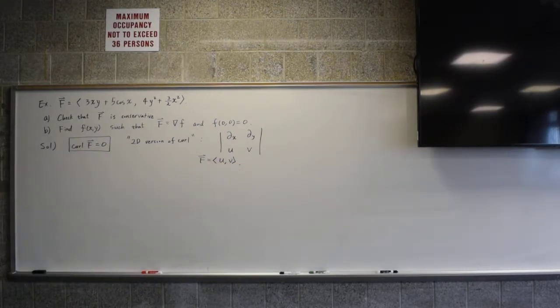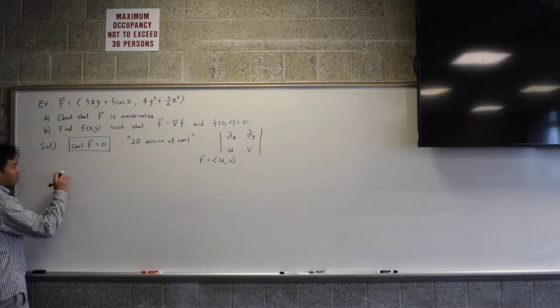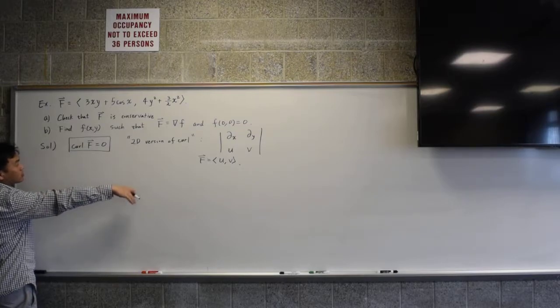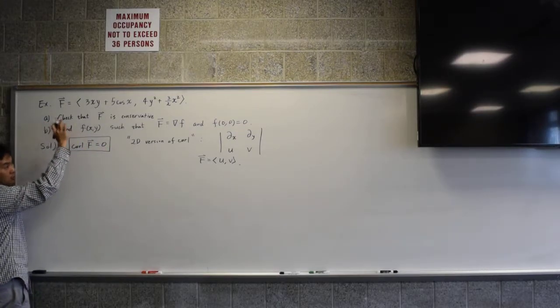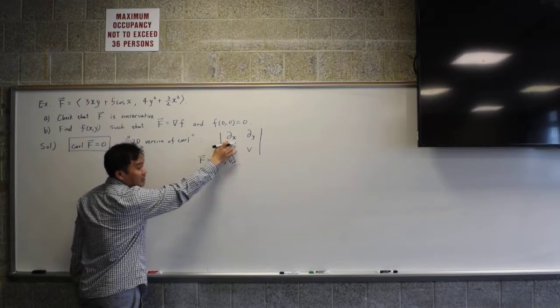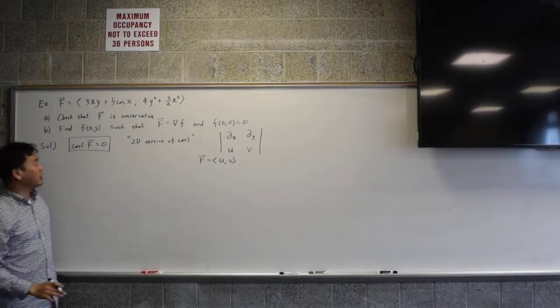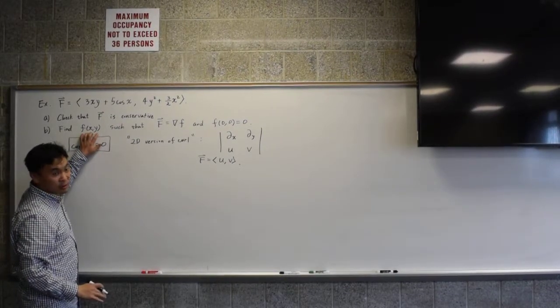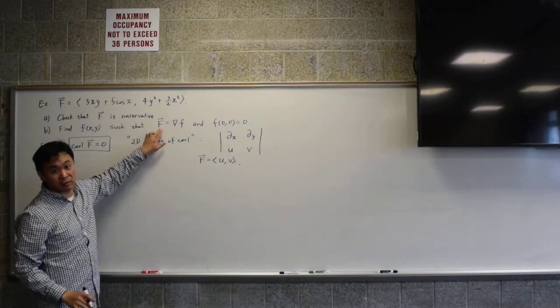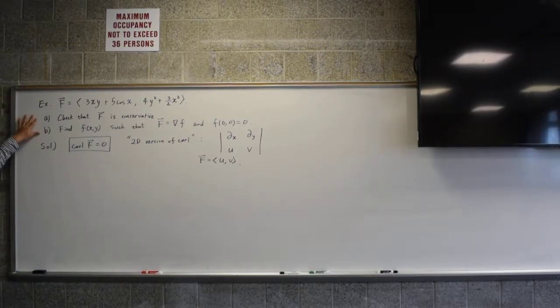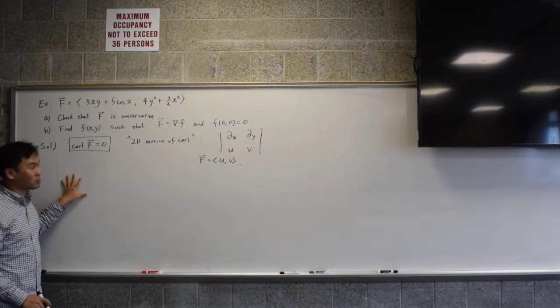Okay, so let's compute that. If that determinant turns out to be 0, then we know that it's conservative. If this determinant is not equal to 0, then it's not conservative, and in that case, there's no way that you can find the function whose gradient will be equal to the vector field F. That was the theory that I tried to explain in a rather roundabout way, talking about all these line integrals and stuff.